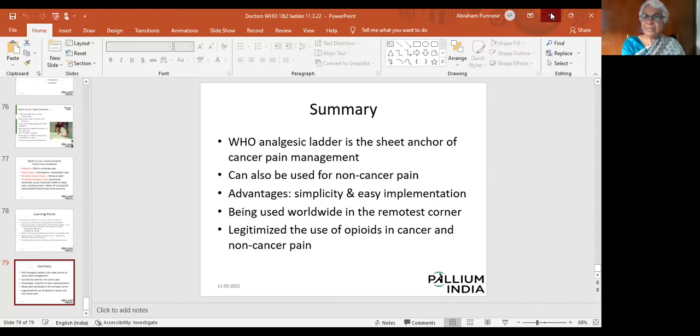So that can be titrated more slowly, not recommended to increase the dose in less than 3 to 5 days. But when nociceptive pain is concerned, and the patient is really having pain that is not responding, you can go up the ladder in even 24 hours.